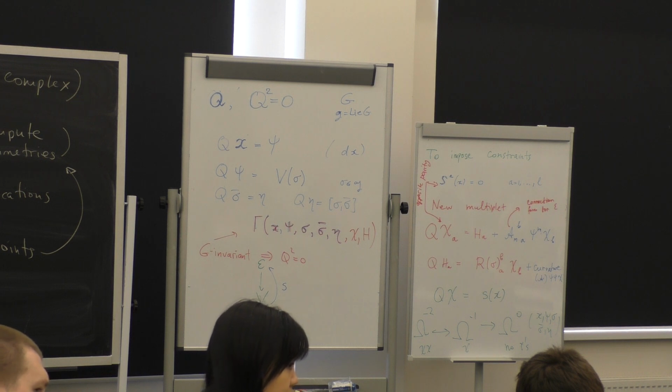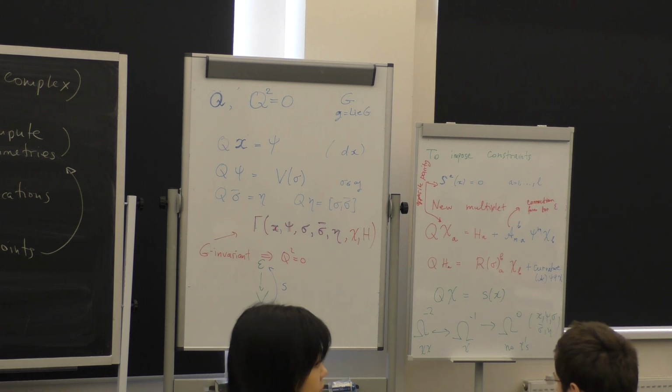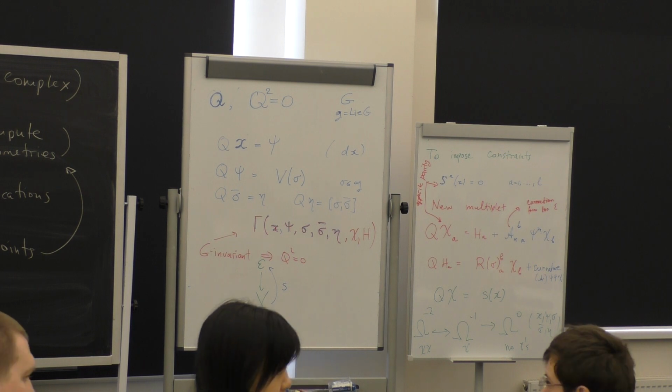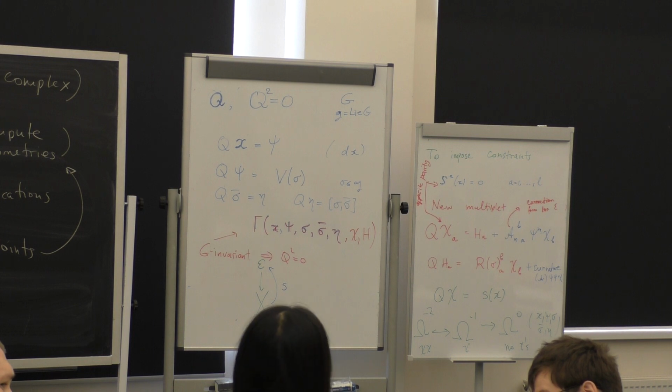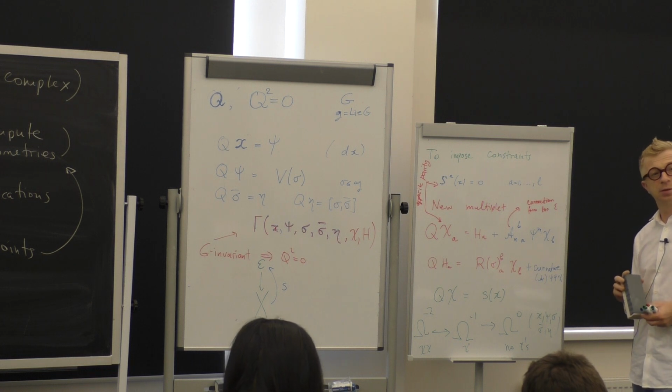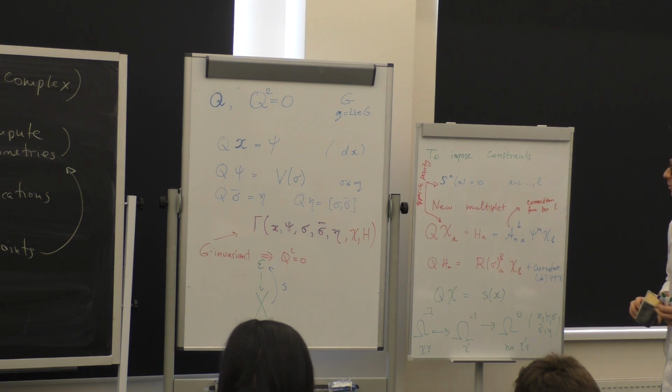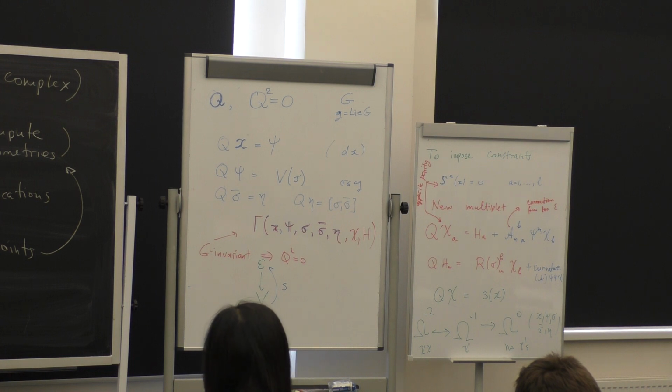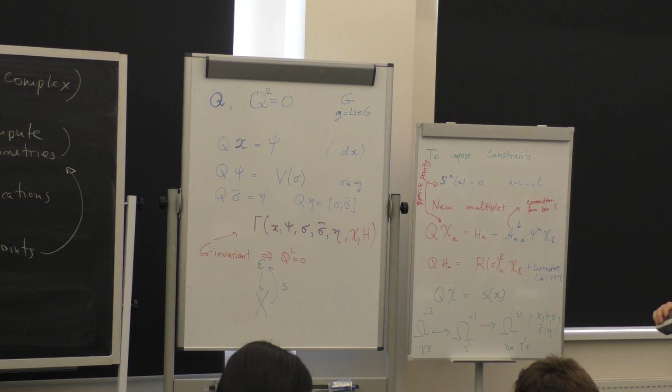First we do the Koszul complex, and then we make things equivariant.